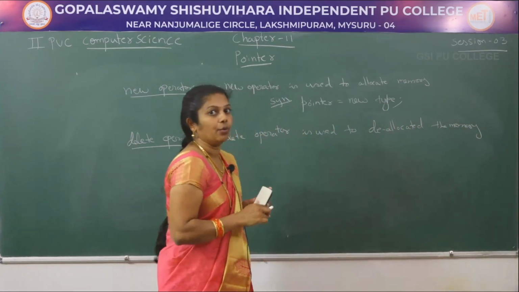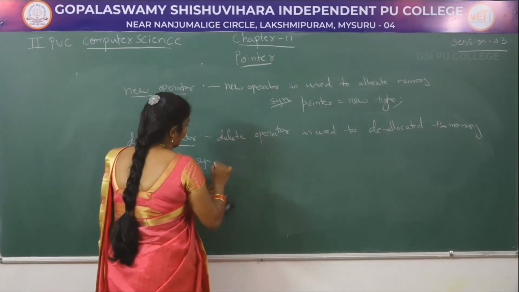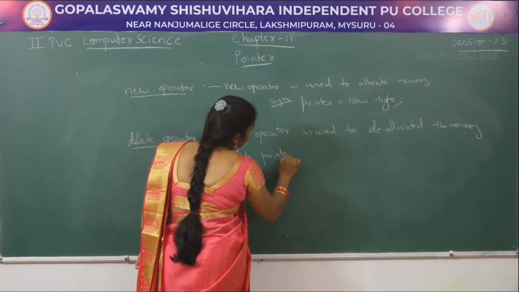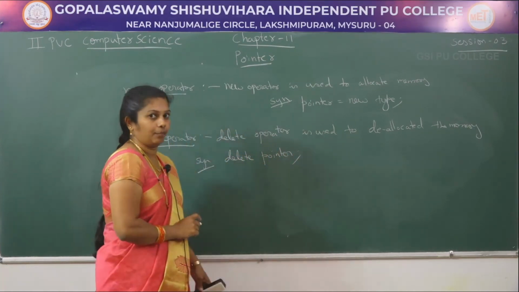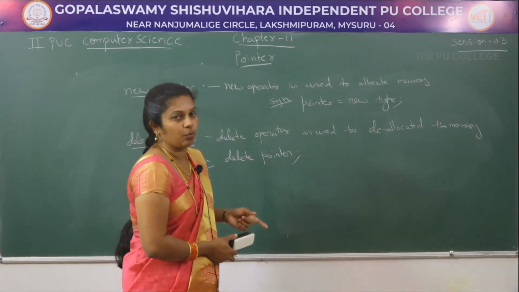And here while writing syntax, first we used to write delete then pointer. This is the syntax to delete a pointer here. Whereas new operator is used to allocate the memory space.